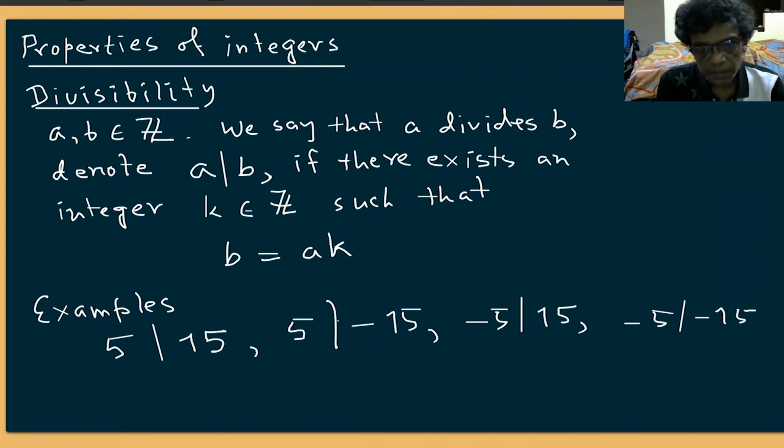Here the k is 3, here k is minus 3, this is minus 3, this is again plus 3. Okay, so this is a fairly straightforward concept.